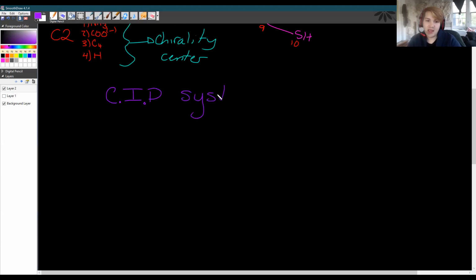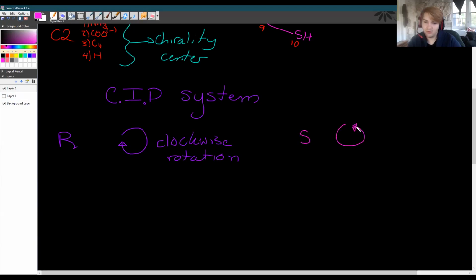Okay. And we're going to be using R to represent a clockwise rotation, and we're going to be using S to describe a counterclockwise rotation.